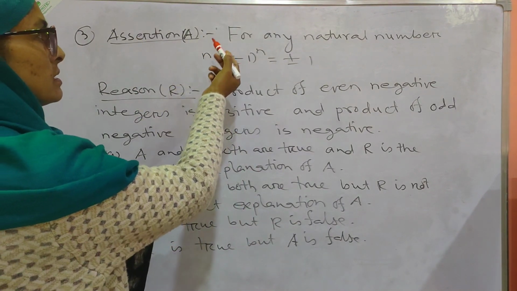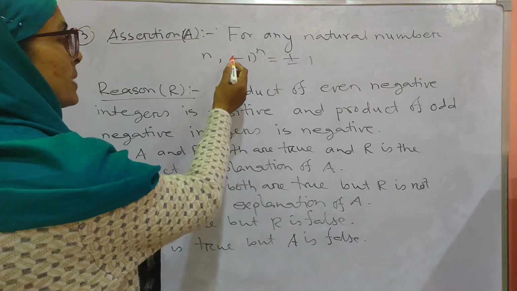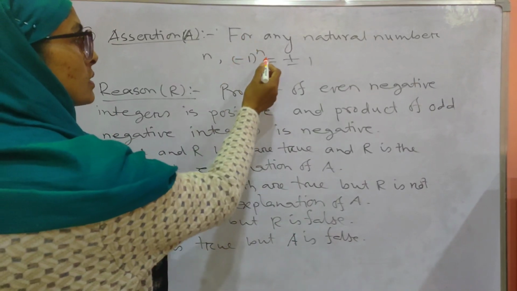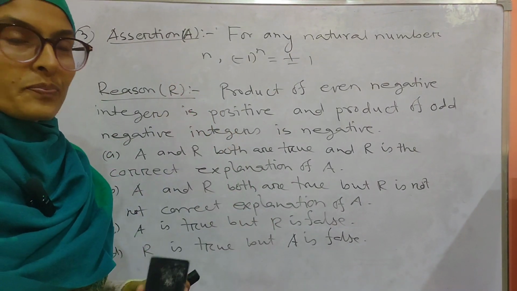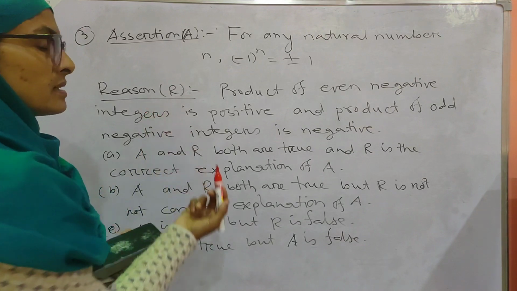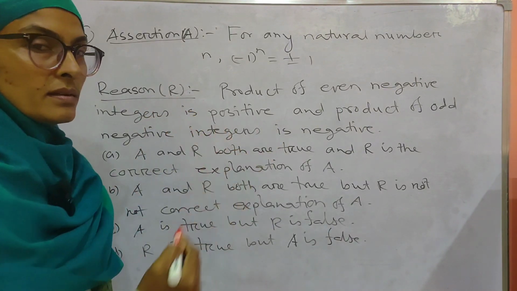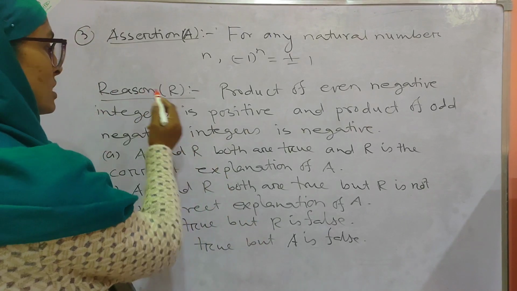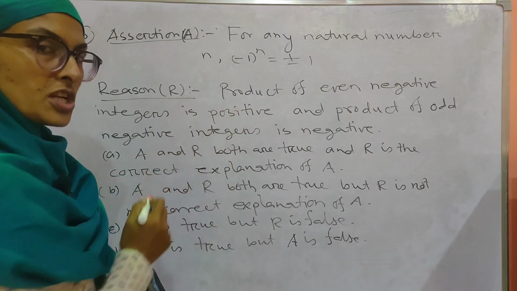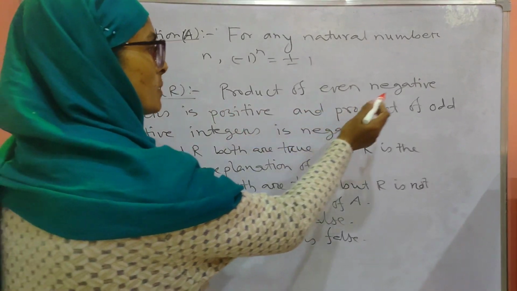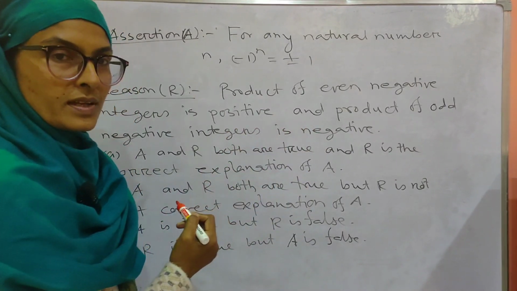Assertion: for any natural number n, minus 1 to the power n equals plus or minus 1. This assertion is given. Reason: in your question paper the reason is not given, a printing mistake. So the reason is: product of an even number of negative integers is positive and product of an odd number of negative integers is negative.